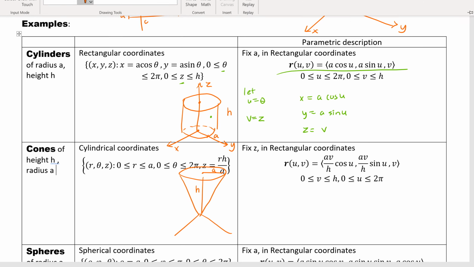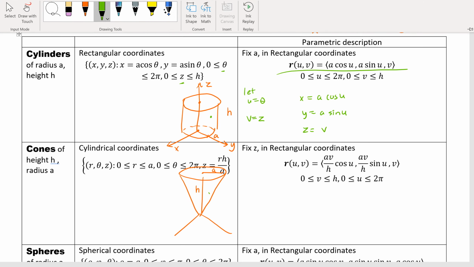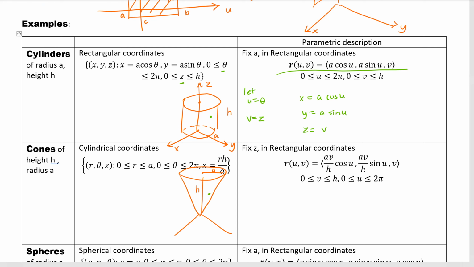On any point of this cone, how do we figure out the coordinates? Suppose we have the cylindrical coordinates r, theta, and z.